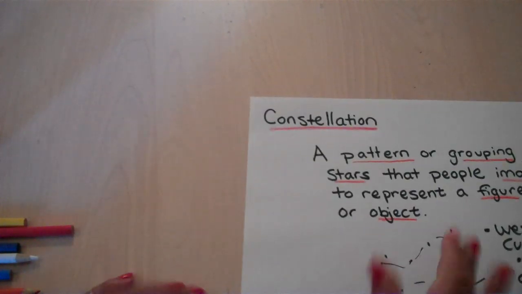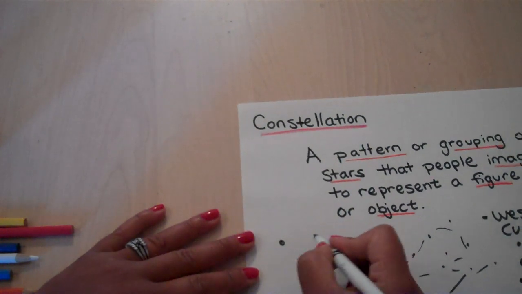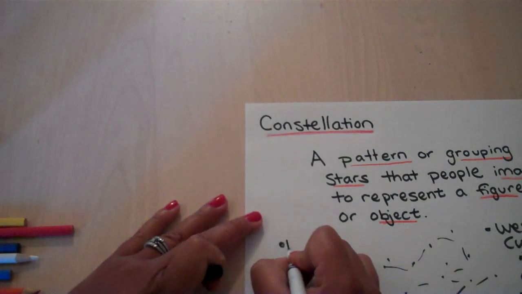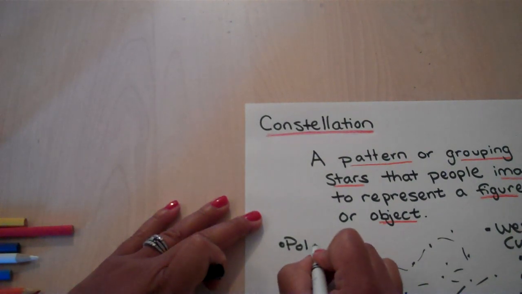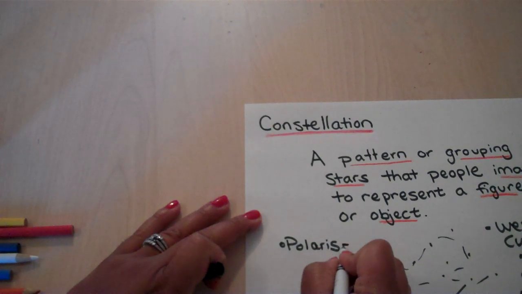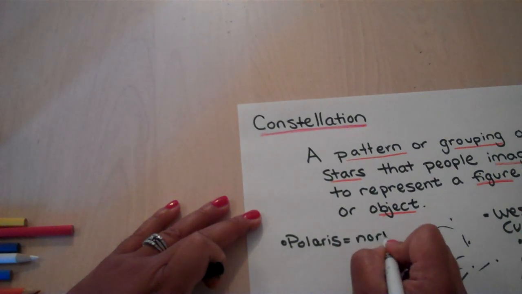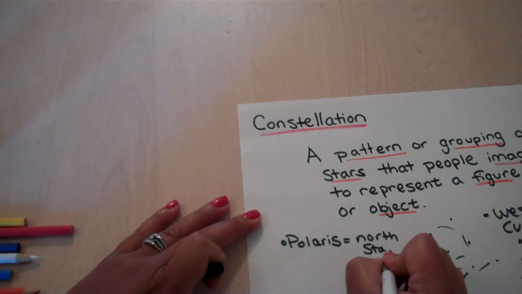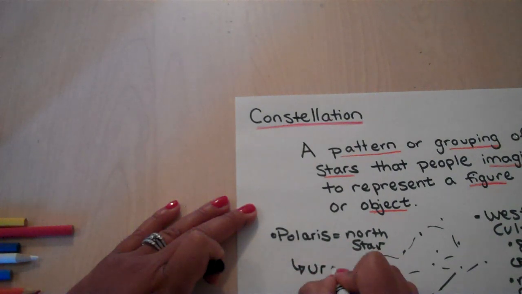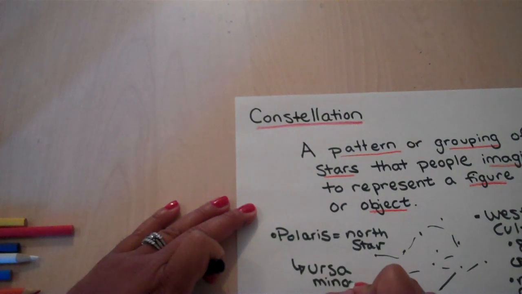And some things you might also know is that an important star that helps us to find a lot of the stars is Polaris, known as the North Star. That is in Ursa Minor, known as the Little Bear.